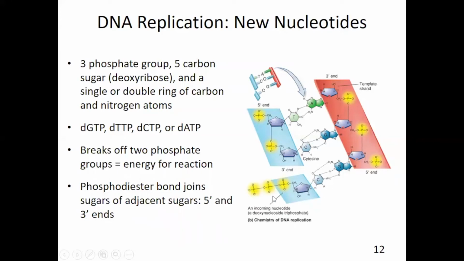Incoming nucleotides have 3 phosphate groups, 2 more phosphate groups than they need. So these 2 additional phosphate groups are providing the energy necessary for the reaction of condensation to occur. Remember, this is a condensation reaction. We are taking a monomer unit and adding it to another to become a polymer.